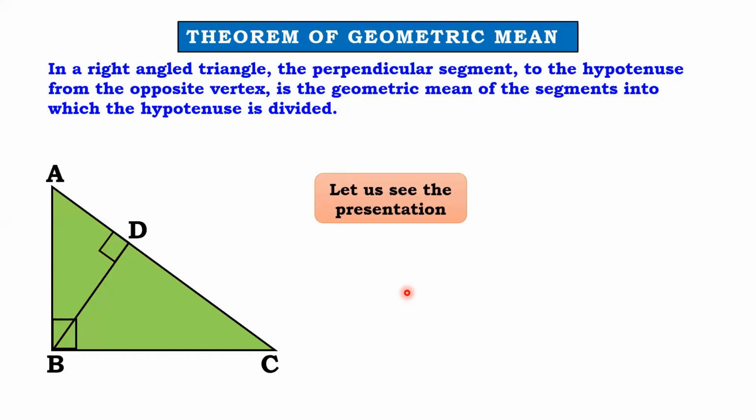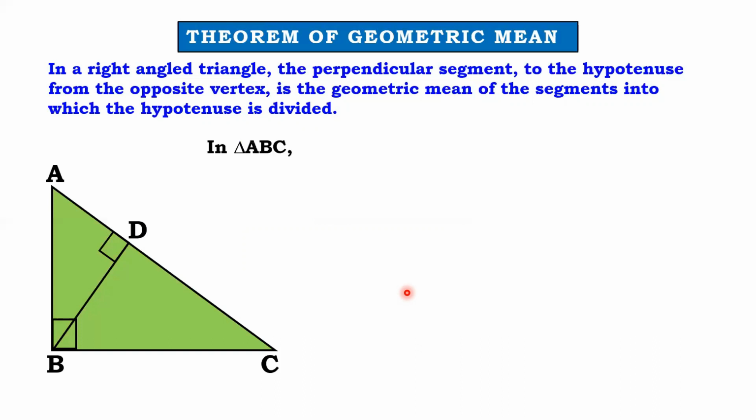First of all, the name of the triangle, same like theorem of similarity: in triangle ABC, mention which is the original triangle with right angle. Angle ABC is equal to 90 degree. Then we need to mention which is the perpendicular drawn to the hypotenuse. So segment BD is the perpendicular to hypotenuse AC. Right?